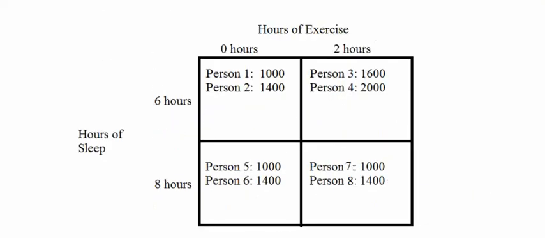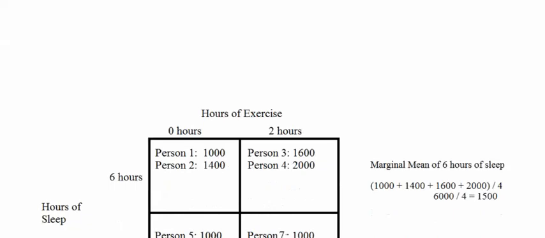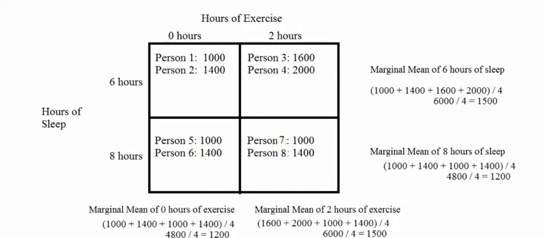So in a 2 by 2 factorial design, you have a marginal mean for column 1 and a marginal mean for column 2. You also have row marginal means. So imagine that this person who did this study calculated the mean of all 4 people in row 1. That would be the marginal mean for 6 hours of sleep.